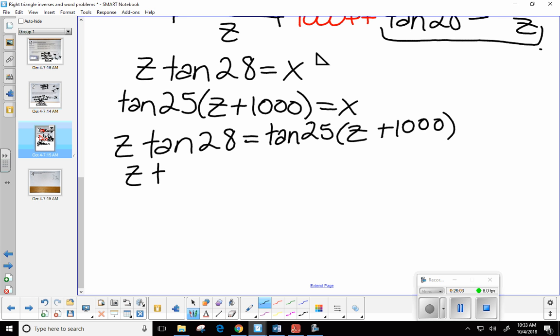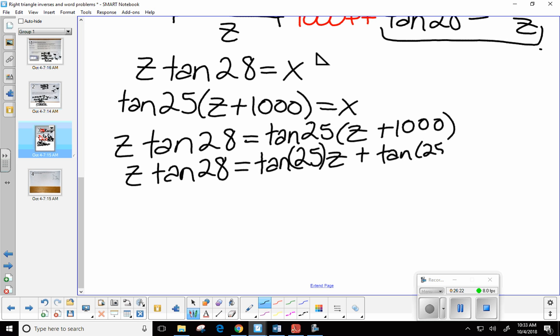And so then we have z times tangent of 28 equals, and we're just going to distribute this tangent 25 across. So it's the tangent of 25 times z, but it's not included in the tangent. And then that is the tangent of 25 times 1,000. And then from there, we're going to get the z's on the same side because we're solving for it.